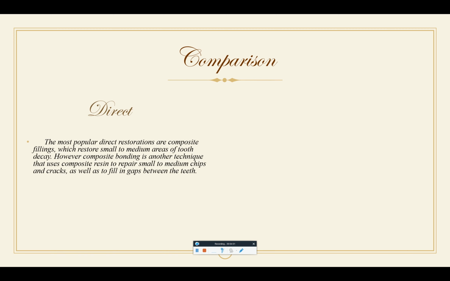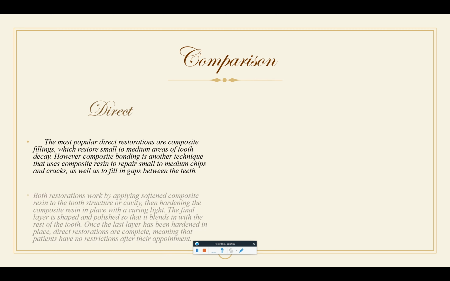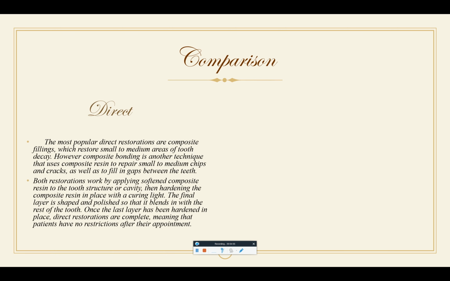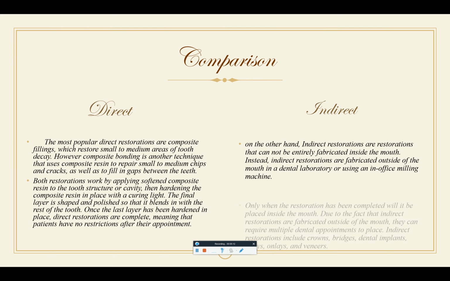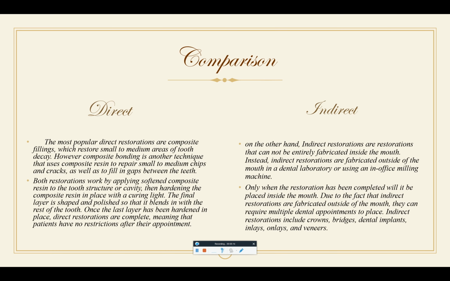However, composite bonding is another technique that uses composite resin to repair a small or medium crack, as well as to fill the gap between the teeth. On the other hand, the indirect restoration cannot be fabricated in the patient's mouth. Instead, indirect restorations are fabricated outside the patient's mouth, in a dental laboratory by a technician.